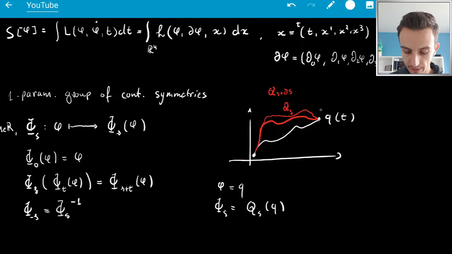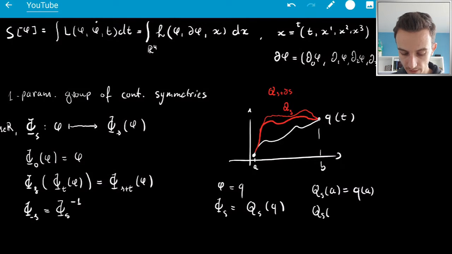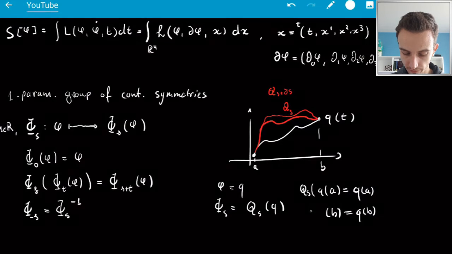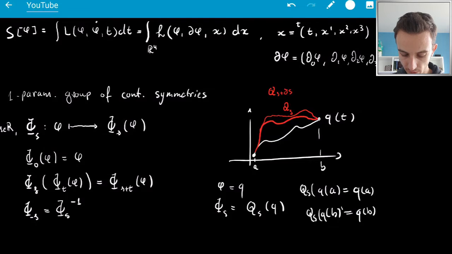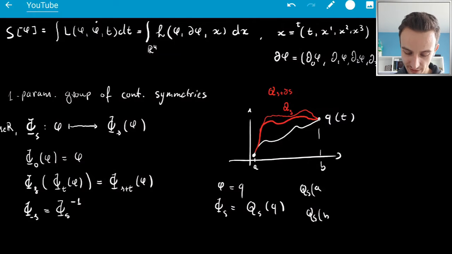In the thing that I wrote here, if this is b and this is a, then you'd have qs of a equals q at a, and qs of b equals small q at b. Yeah, I should write qs at q of a, qs at q of b. Okay, yeah, no, it was right. This was right, but then this is a, and this is b.